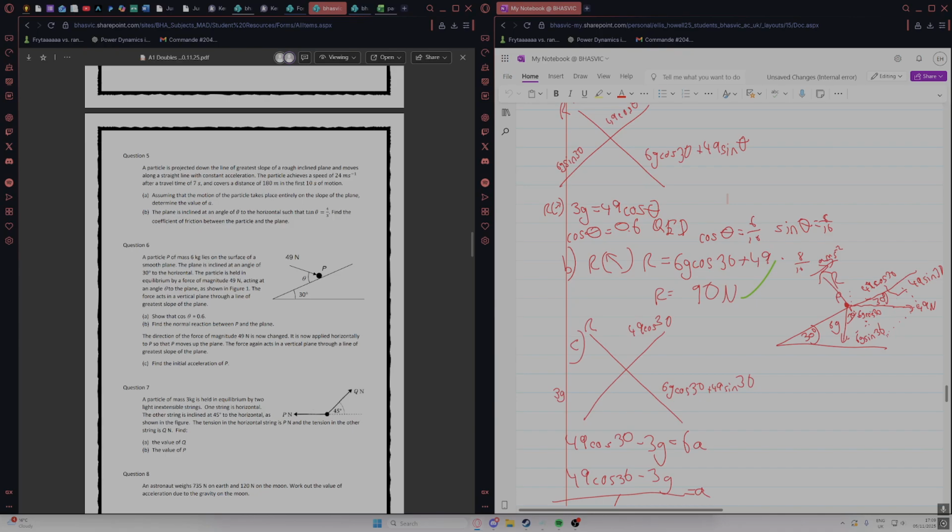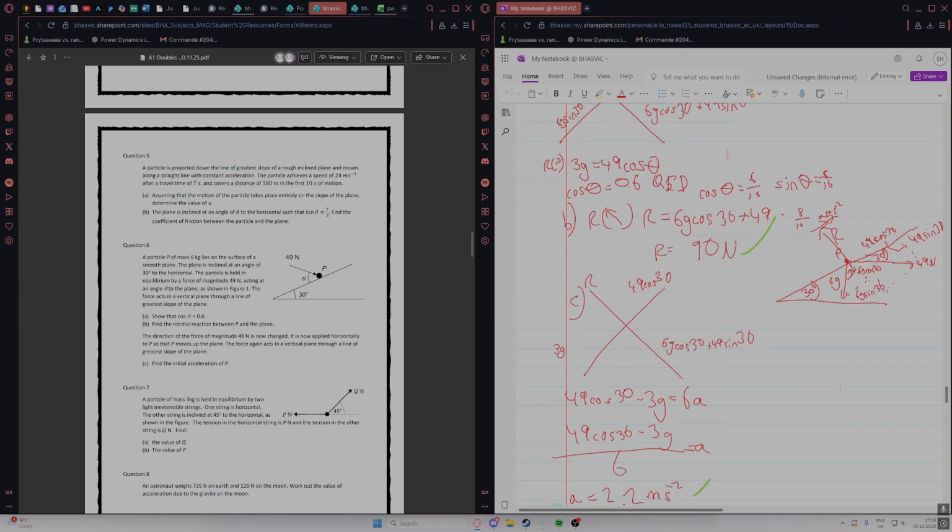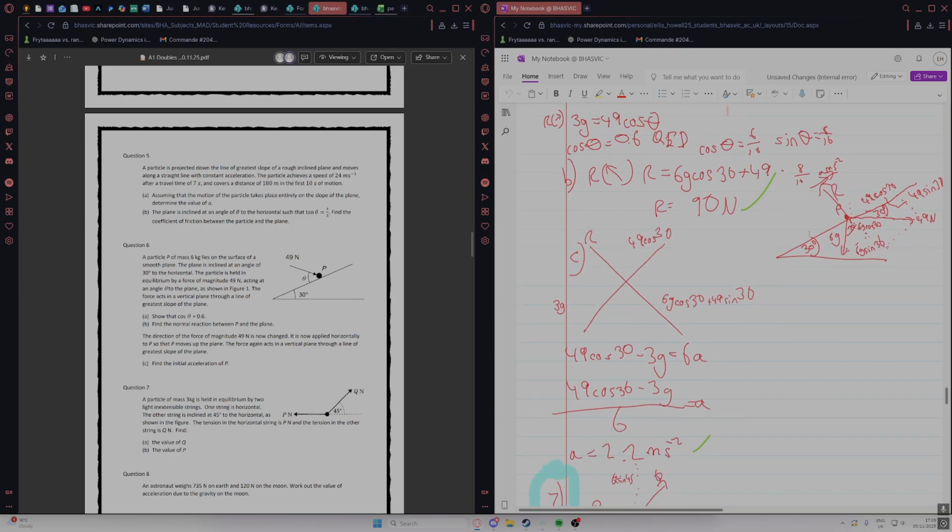So basically, it's literally just going through the ball. You can think of it like that. And you're finding the acceleration because it's now moving. And you know that the mass is 6, so you can do the resultant force parallel to the plane equals mass times acceleration. And you can do this cross diagram again and solve for the acceleration using F equals ma.